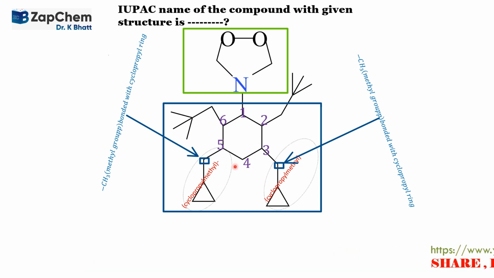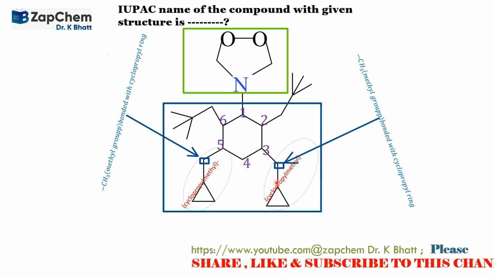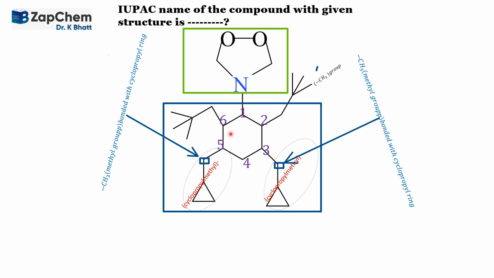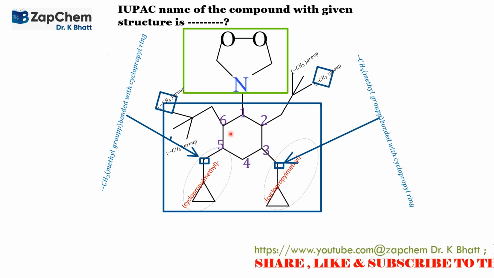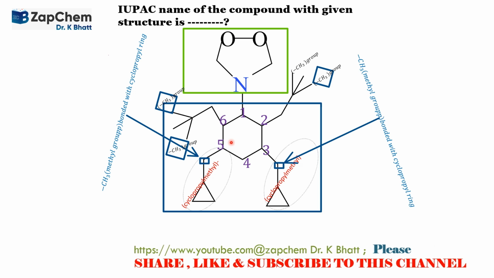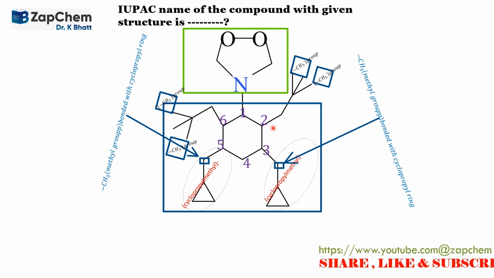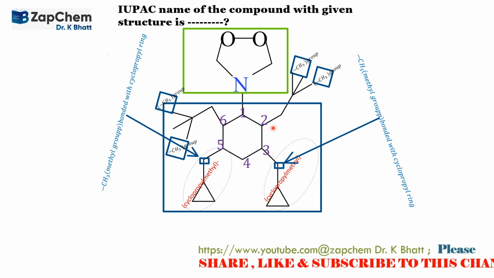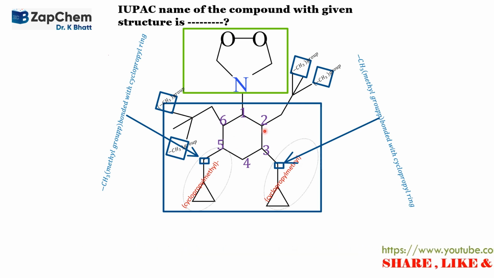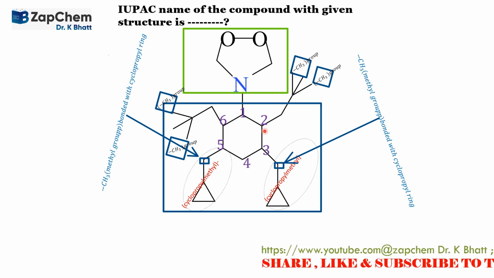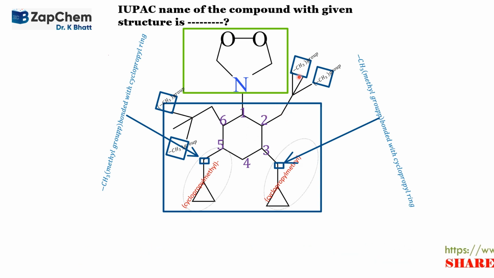Therefore we find that at the third and fifth positions there is a cyclopropyl methyl ring, and at the second and sixth positions there are again complex groups having 4 methyl groups at different positions. 2 methyl groups are present on the sixth carbon atom, and similarly the second carbon atom of the hexyl ring has 2 methyl groups.